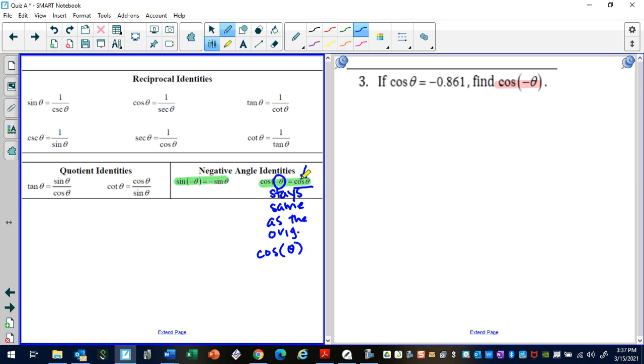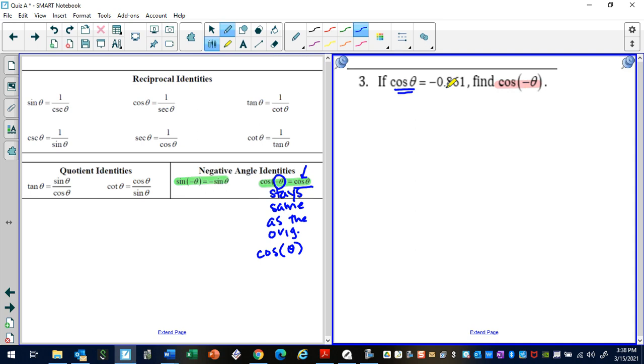It doesn't change. So if the answer to cosine is this number, it's going to be exactly the same. It stays the same. The negative on the angle doesn't make a difference. It's still the same answer.